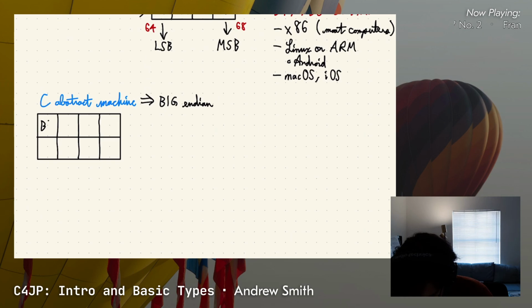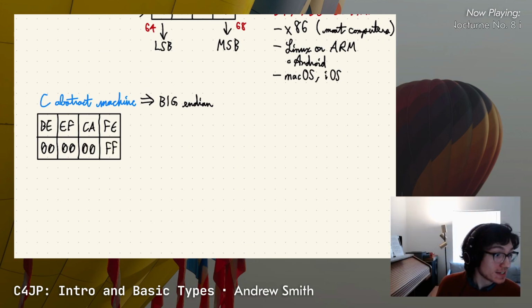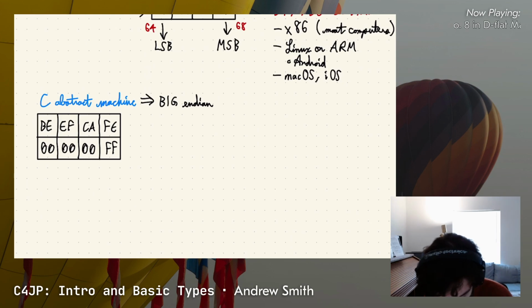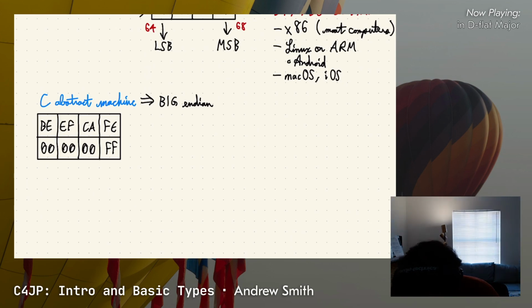We're going to take a value like B, E, E, F, C, A, F, E, and that value with 0xFF, which we're going to, as we discussed earlier, pad with zeros. We are always, no matter what the endianness of the actual machine we're running this on, going to get a return value of 0x000000FE.